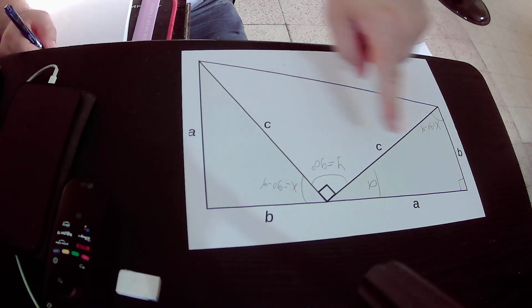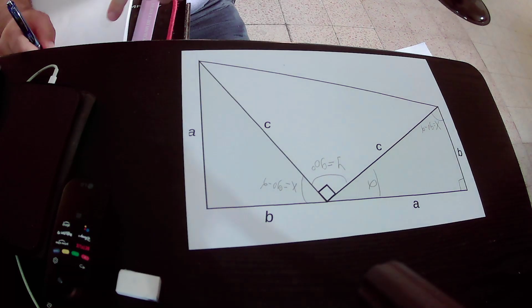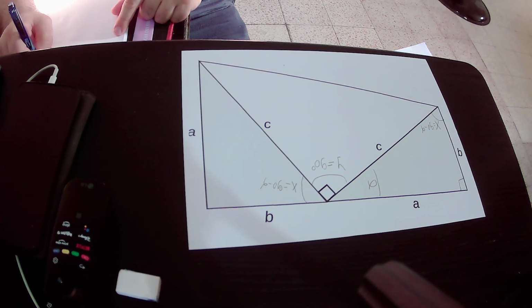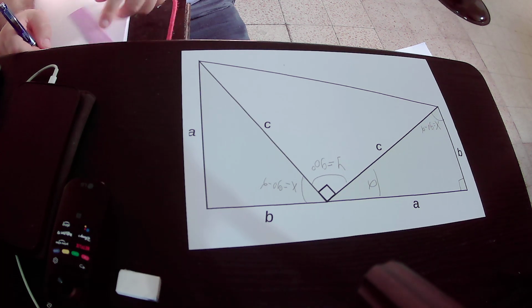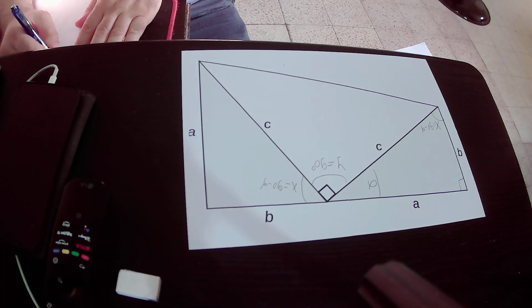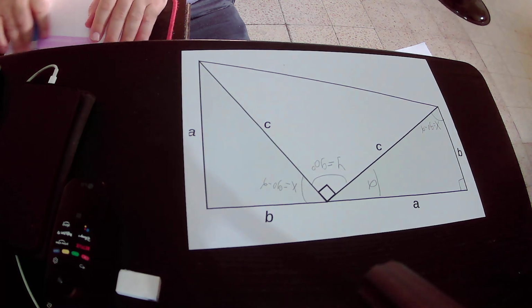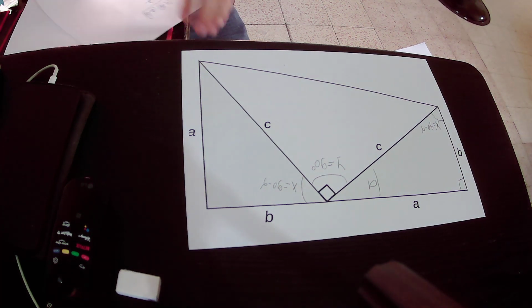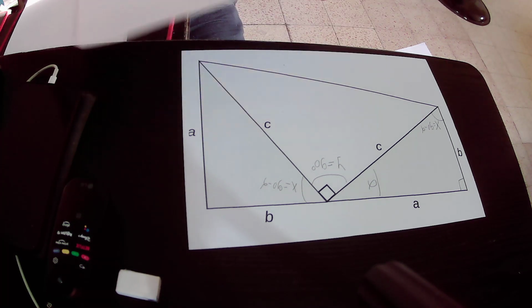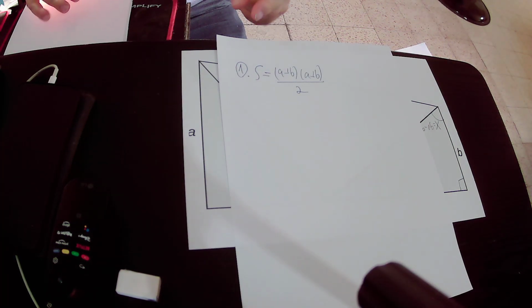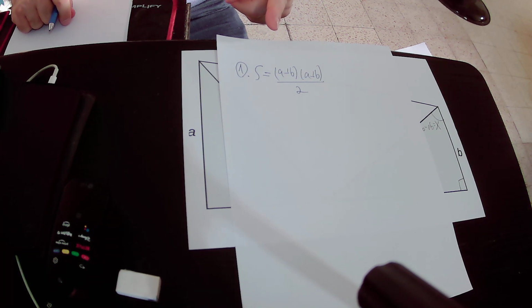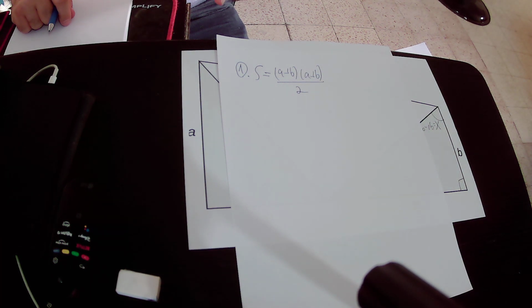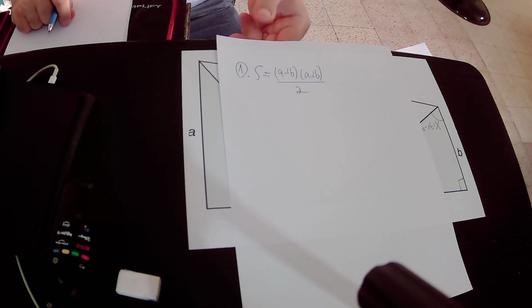The height of this trapeze is also A plus B, and we divide it by 2. So the area of this trapeze equals S, that equals A plus B, that is the sum of the parallel sides, times the height of this trapeze, that is also A plus B, divided by 2.